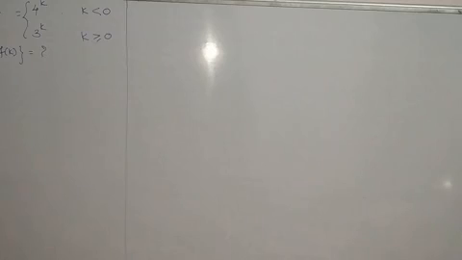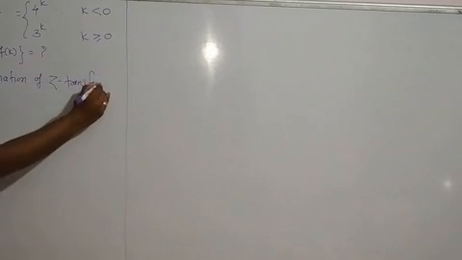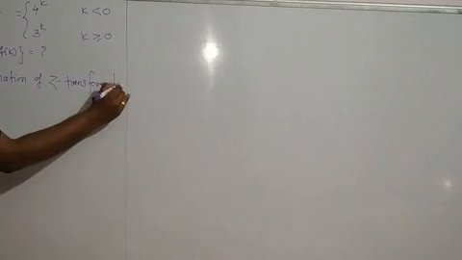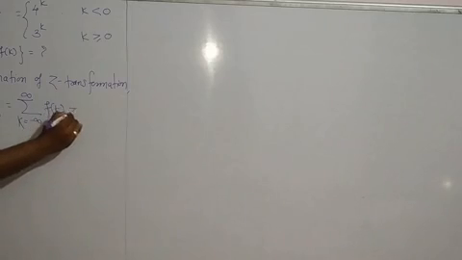By the definition of Z transformation, Z of f of k is equal to the summation from k equals minus infinity to infinity of f of k z raised to minus k.